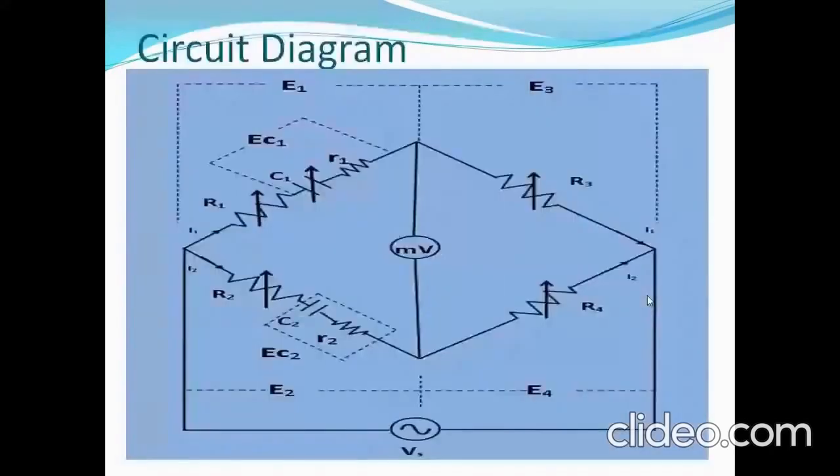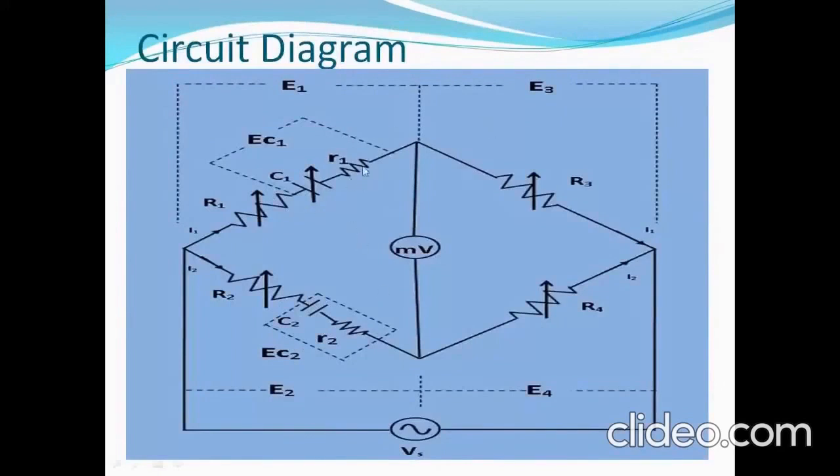Now this is the circuit diagram of the De-Sauty bridge. Here C2 is the unknown capacitor and C1 is the known capacitor.